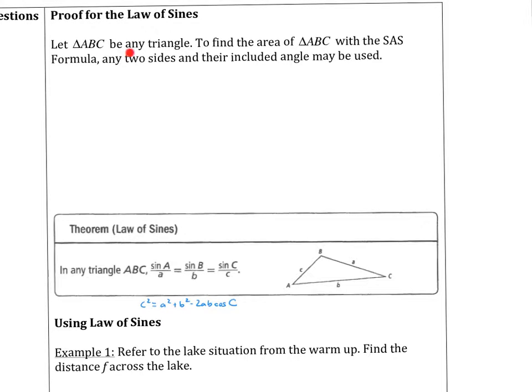So triangle ABC is any triangle, obtuse, right, or acute. To find the area of triangle ABC, here's what we can do.